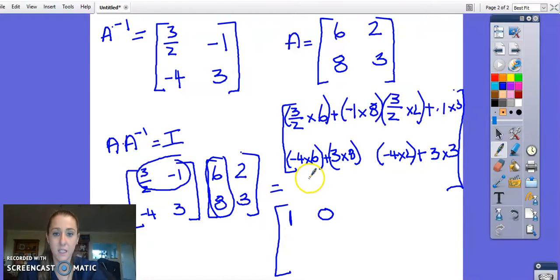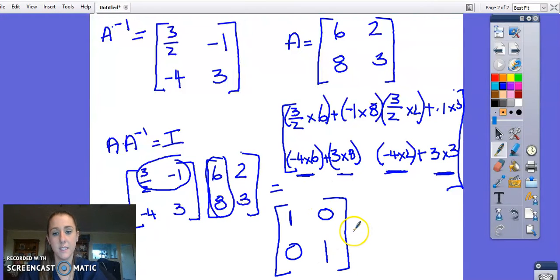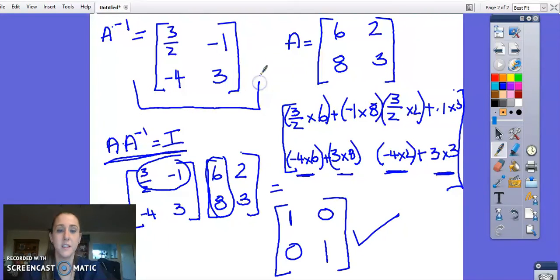Then negative 24 plus 24 gives us 0. And then we're at minus 8 plus 9 gives us 1. And that's our identity matrix. So that's just a way of showing you how this works, and that our inverse matrix is correct.